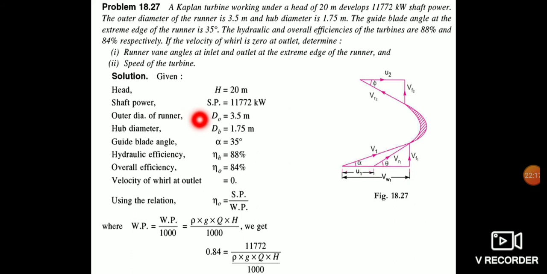Now here we know that we have to determine first the discharge Q, how much discharge is flowing. So water power is equal to rho Q g H divided by 1000. And overall efficiency is equal to shaft power divided by water power, and water power is equal to rho Q g H. Therefore if you put in this case eta overall is equal to 0.84, shaft power already given, and water power rho Q g H divided by 1000.